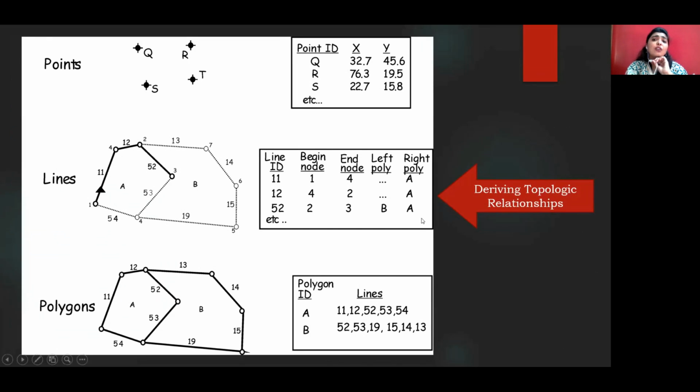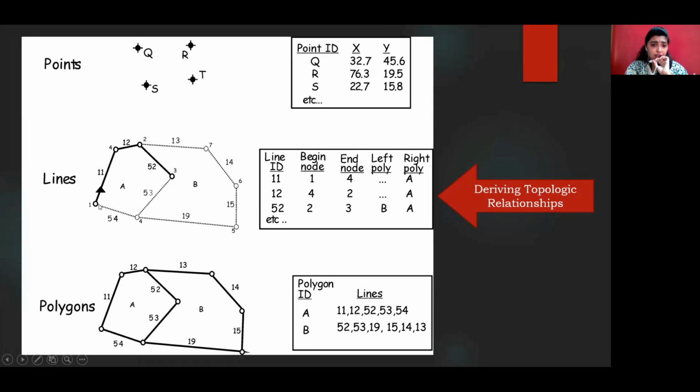So this is how the topologic relationships can be determined in the GIS environment. You see points Q, R, and S. You have their X and Y coordinates.